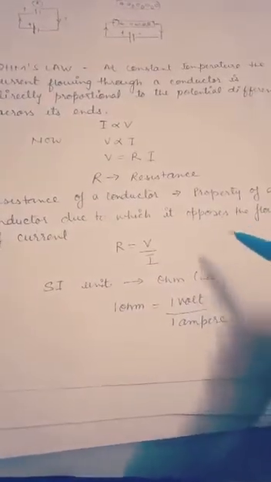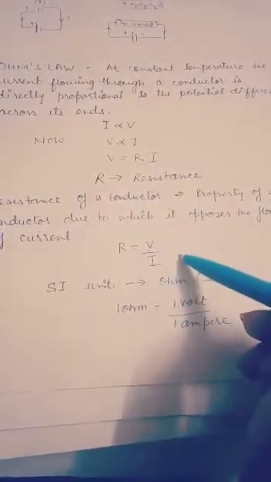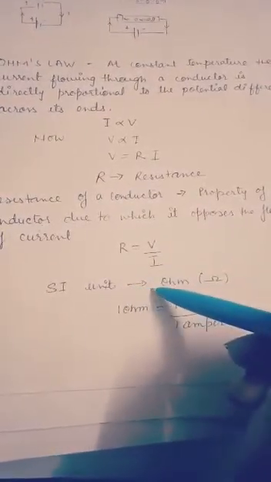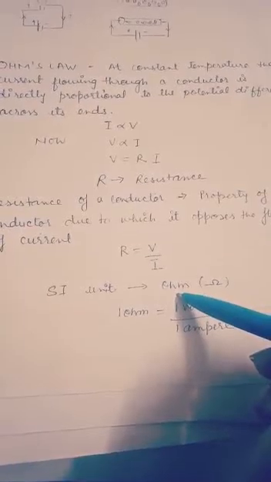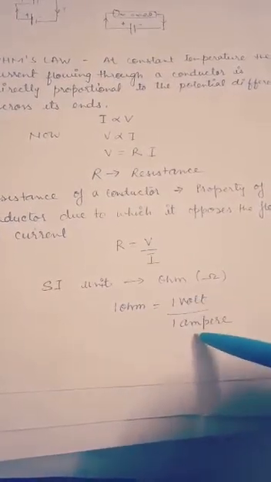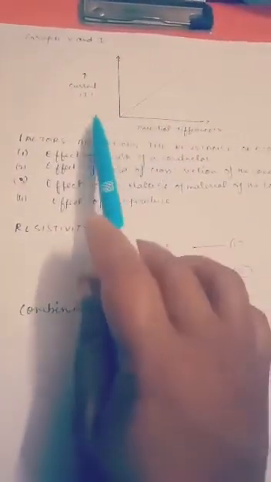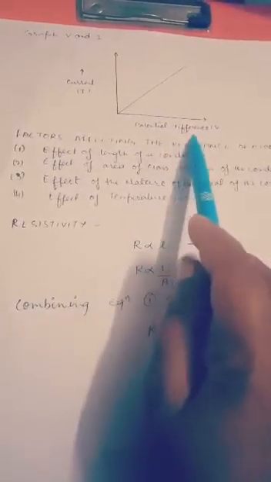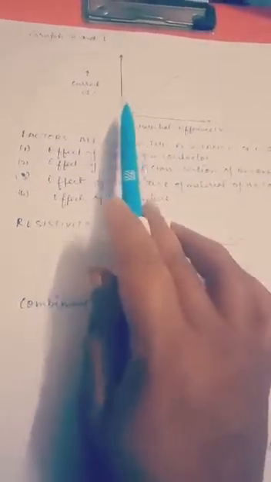Generally we say R equals V upon I. The SI unit for resistance is ohm. From the formula we have 1 ohm equals 1 volt upon 1 ampere. Now if we see the graph for this, the V-I graph is current against potential. We take potential along the x-axis, current along the y-axis. It will be a straight line.